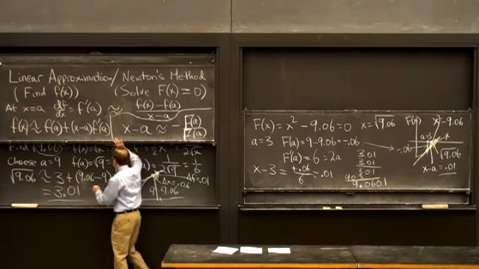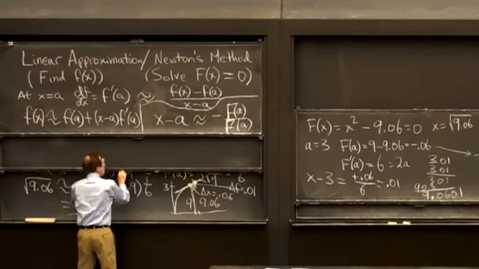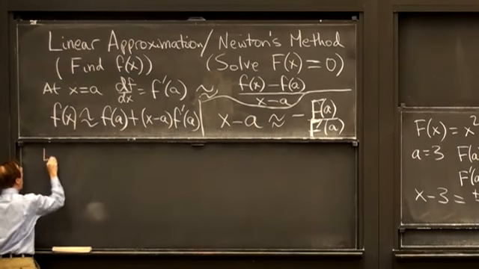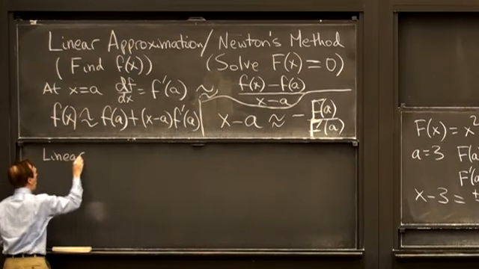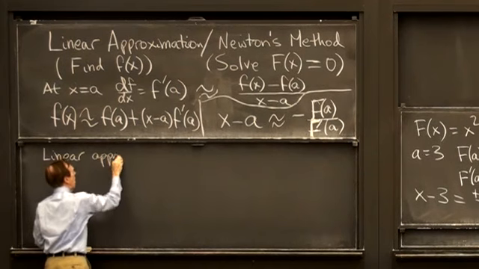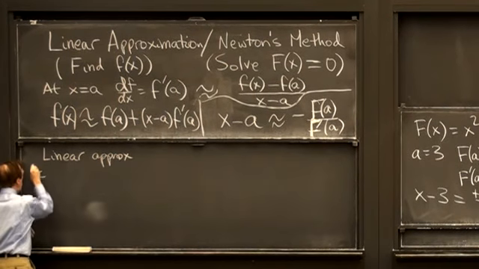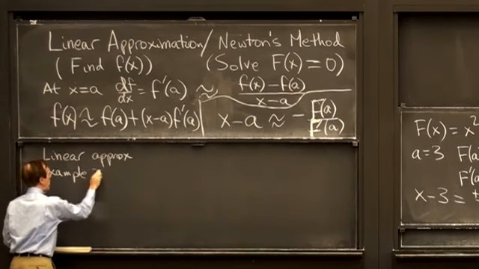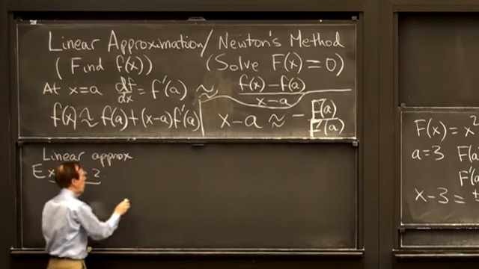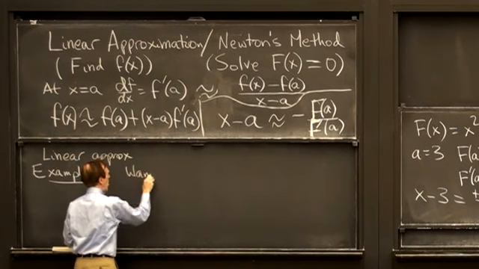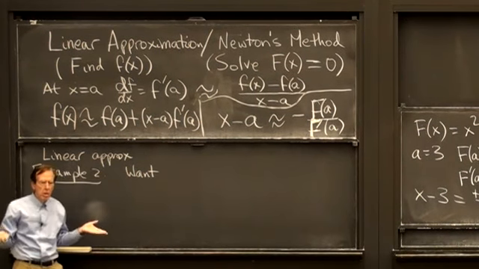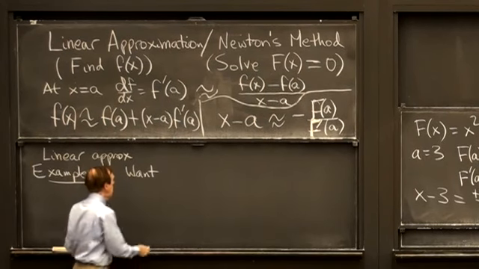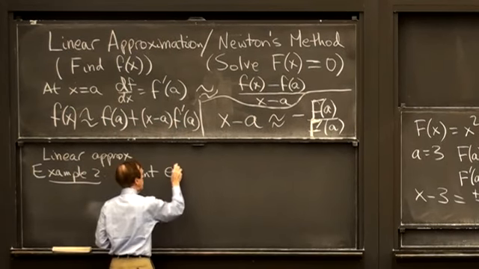Okay, so let me show you example 2. Linear approximation. I'm going to look for something that I don't know exactly. Let me take e to the 0.01.